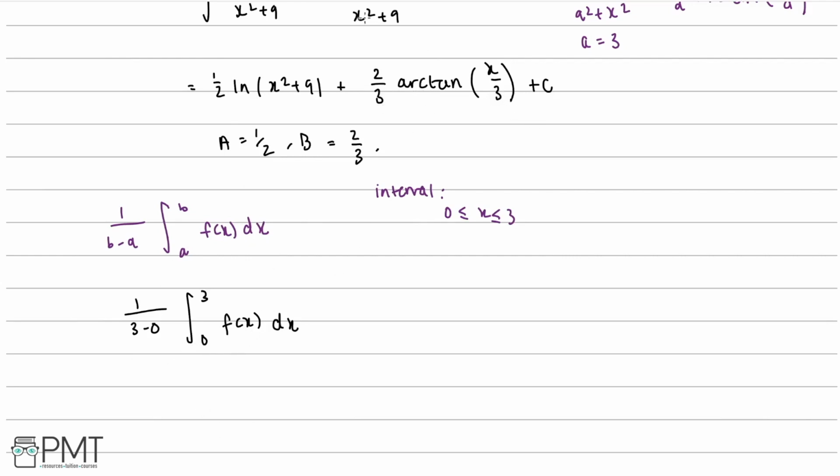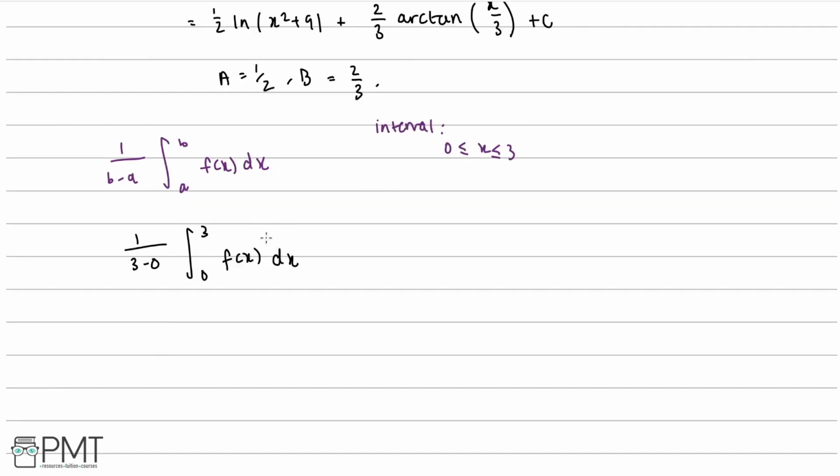So let's substitute this into the integral we have over here, remembering that there are now limits. So we have 1 over 3 times a half ln x squared plus 9 plus 2 over 3 arctan x over 3, and this is between 3 and 0. Now let's put limits inside of our brackets.